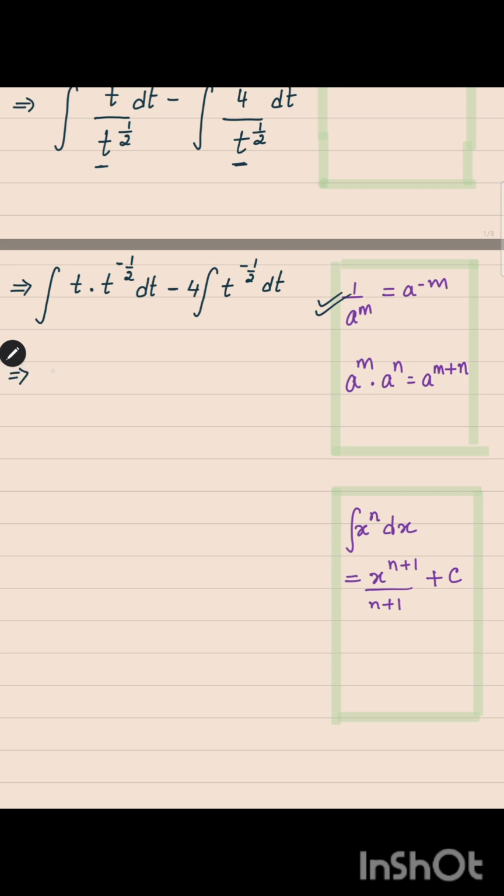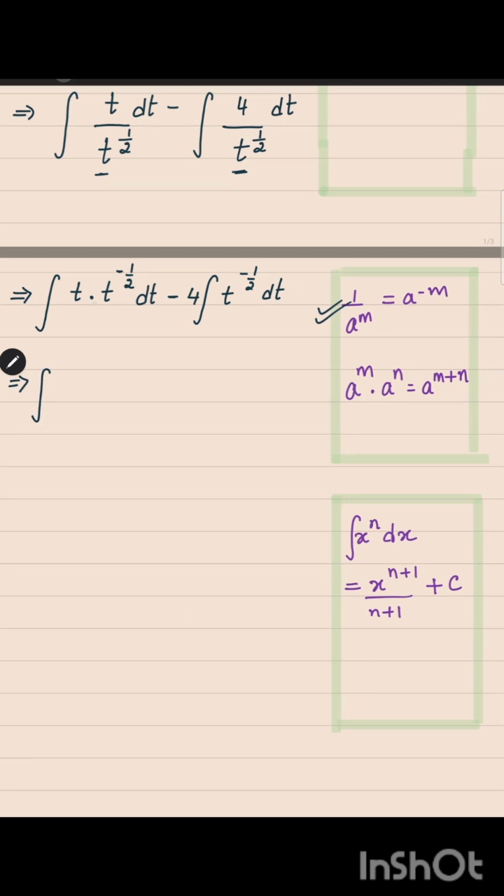Now we have t into t to the power minus 1 by 2. We can also write 1 here, because t to the power 1 is t. So here we have the same base. From the law of exponents, when we have the same base, a to the power m into a to the power n, the product of the same base, we can write it as a to the power m plus n.